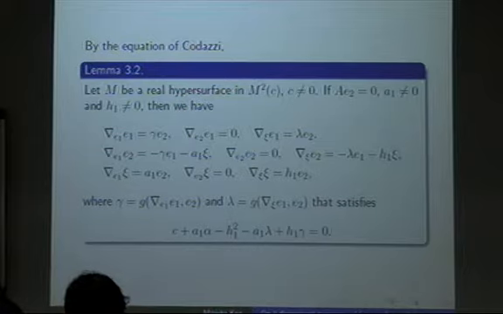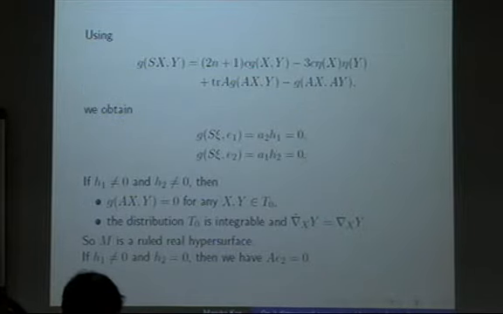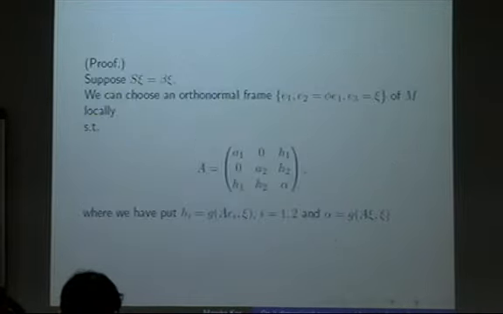Next, to prove our theorem, we compute differentiations of each vector field of the orthonormal basis. Let M be a real hypersurface in M2(C). If A xi is equal to 0, A1 not equal to 0, and h1 not equal to 0, here these items are this one.